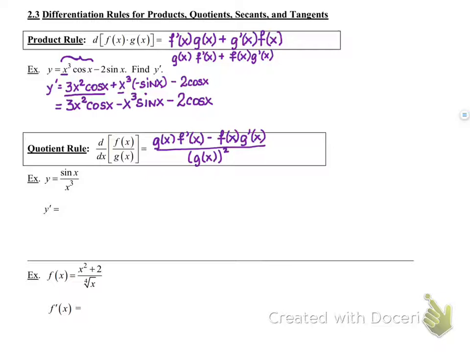Okay, so now we're going to look at an example of this, and we're going to look at sine x over x cubed. Now, if you are Cheater McCheater, which I was in high school, you would have used product rule. And I'm going to show you the product rule, and then I'm going to show you the quotient rule. And the issue with my method, which was always to change everything into a product, is that sometimes it gets really, really nasty.